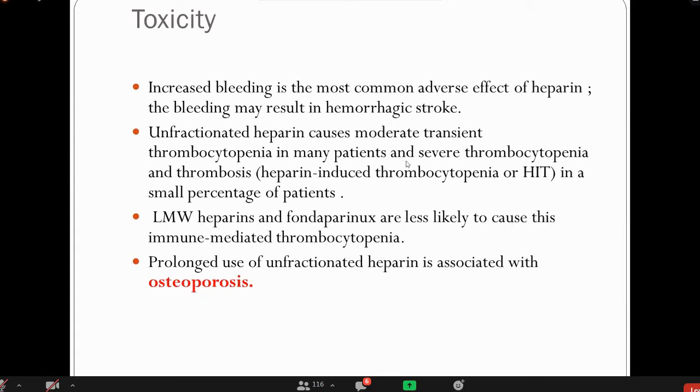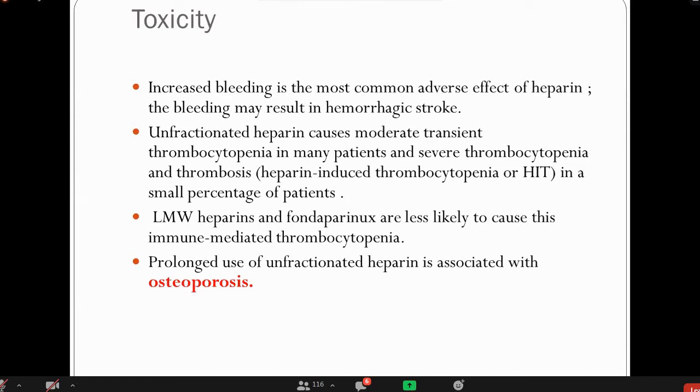But severe thrombocytopenia and thrombosis, called heparin-induced thrombocytopenia or HIT, occurs in a small percentage of patients. So this point is important. Sometimes the question asked is: there is a patient with a history of thrombocytopenia, so which alternative drug can you use?